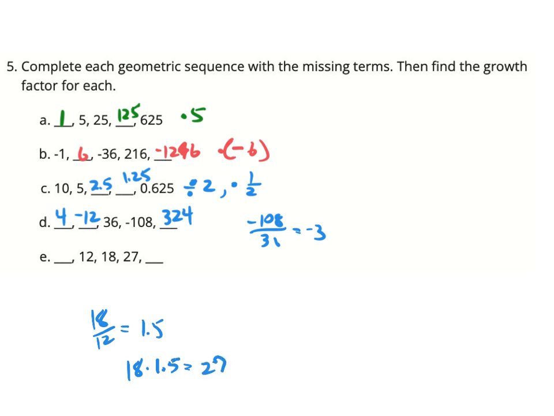That gives me 27. Oh, look at that. So I'm multiplying by 1.5, and going to the right is multiplication. Going to the left, you divide 12 by 1.5 and you get 8, and then 5.33. On the right, you get 40.5.